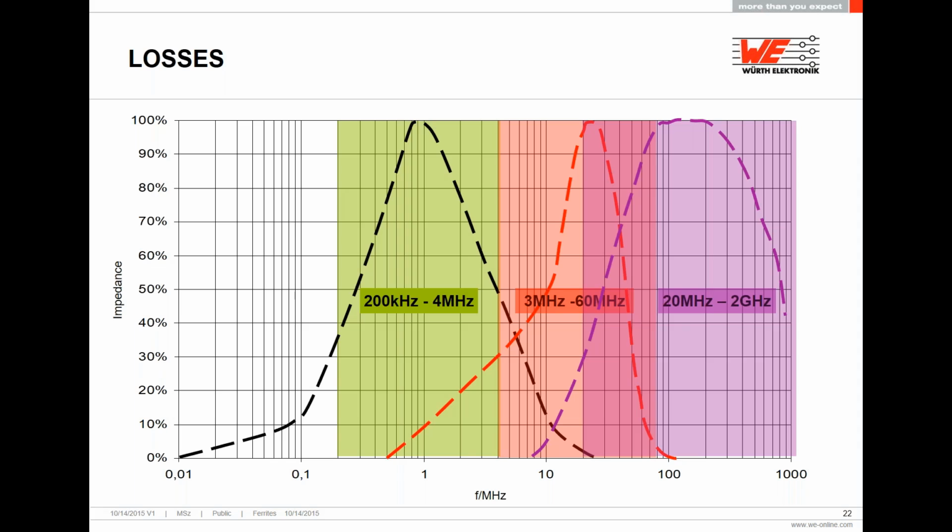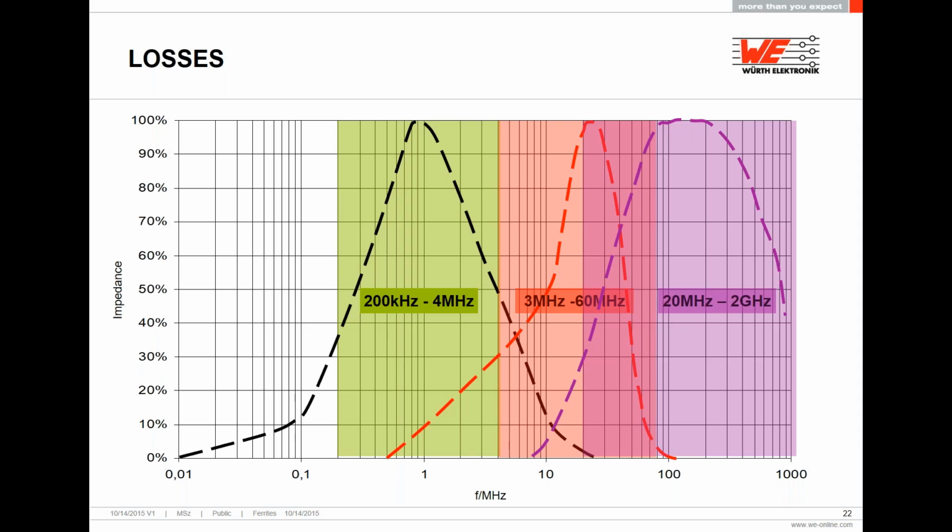Now, different materials have a different frequency response. Here we are providing you a guideline for what materials are best suited for what frequencies. Keep in mind this is just a guideline based on typical situations. Like with anything else, there are always exceptions, of course.